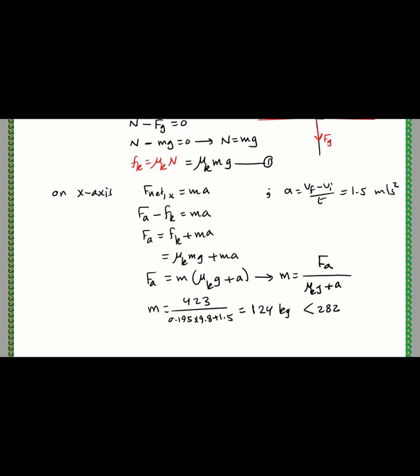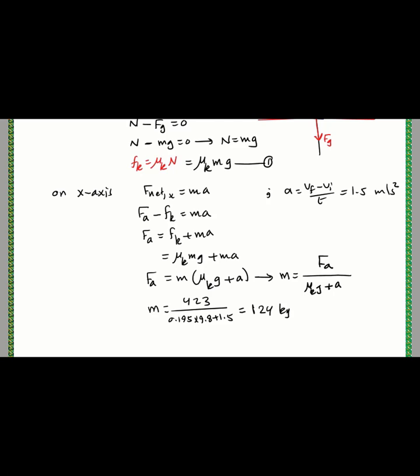And it is obvious because we have friction, so some of the force will be exerted to manage the friction. So the mass should be lighter than the one before to achieve the same acceleration with the same force.